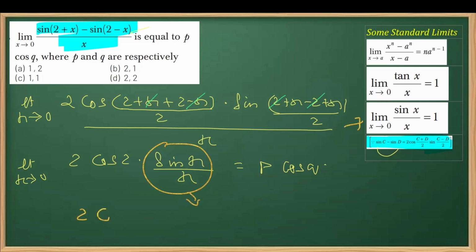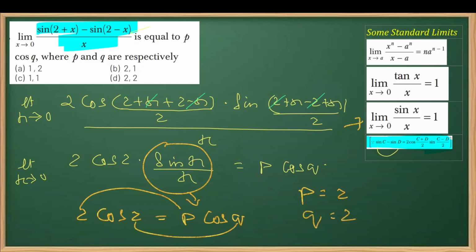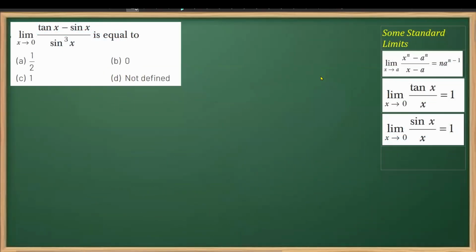So at the end, after placing the limit, it is 2 cos 2 into 1, and that results to give you 2 cos 2, which is equal to, if I see the RHS over here, P cos Q. Now comparing these LHS, RHS, we get P as 2, and Q is what? Q is also 2 here. So yeah, D is the correct option in this case.